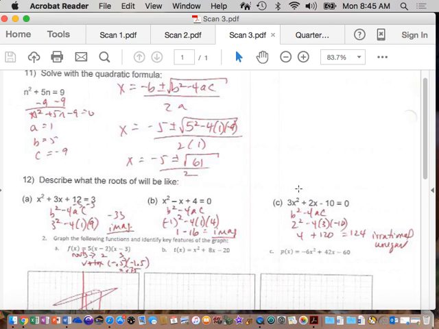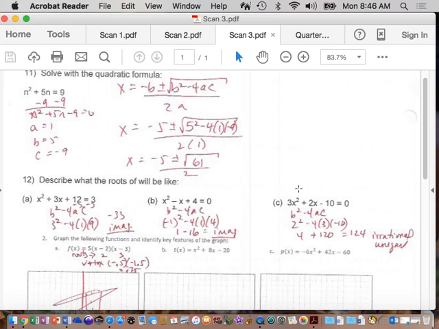Okay. Any issues on what the roots would be like on those questions?